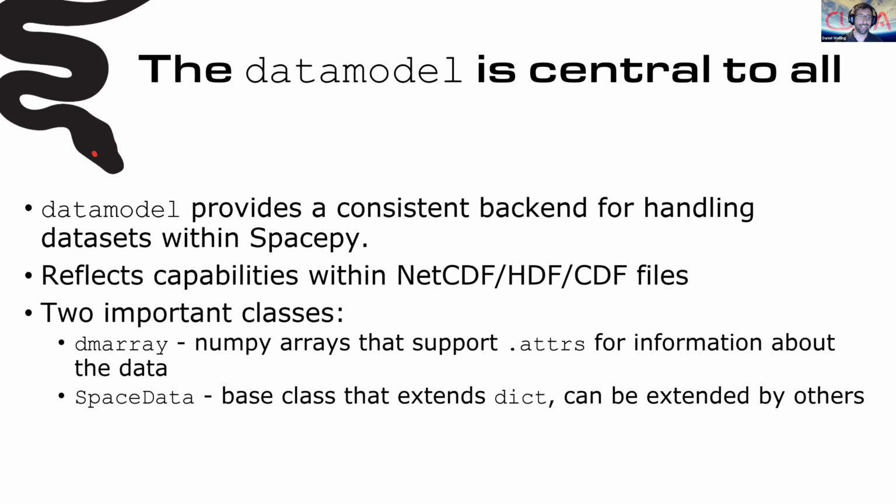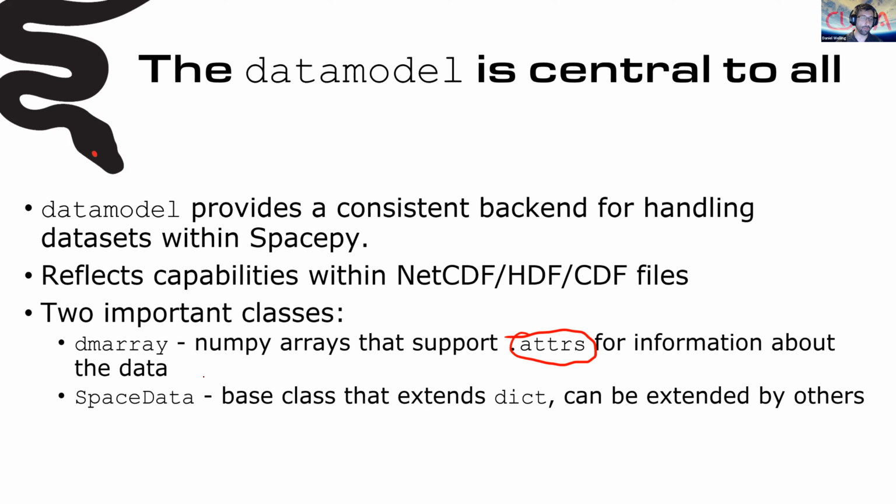The first is dmarray, which subclasses NumPy arrays, but adds this attrs object attribute. And this allows you to store attributes about the data stored in that array, for example, units or coordinate system or more.